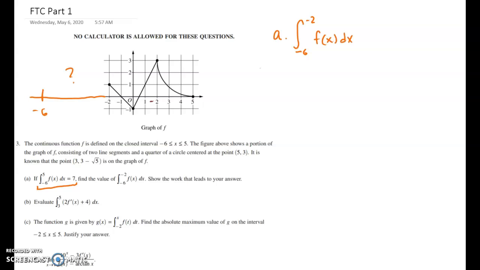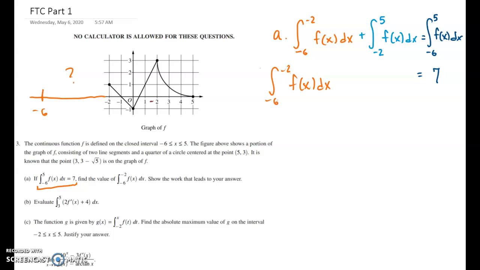I know that if I add to that integral the integral from -2 to 5, which I can figure out by looking at the area between that graph and the curve, I'm going to get the integral from -6 to 5. And I know what the integral from -6 to 5 is because they gave me that as 7. And I'm trying to find the integral from -6 to -2. And then I'm going to use area to find this part, the integral from -2 to 5.